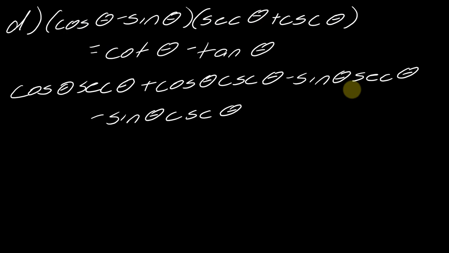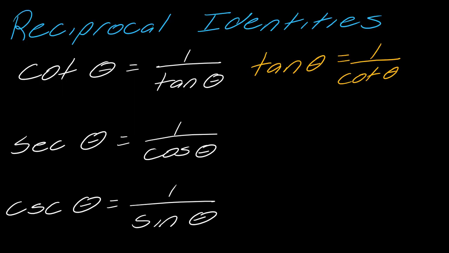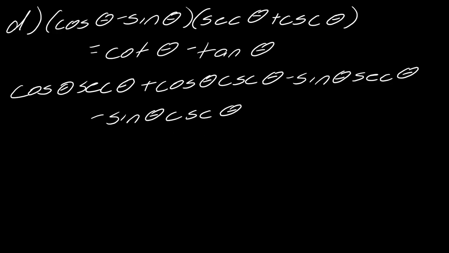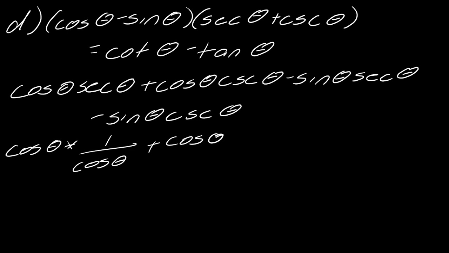All right, so I think the next obvious thing to do, the path of least resistance, would be to use the reciprocal identities, knowing what we know about secant and cosecant. So write everything in terms of sine and cosine.